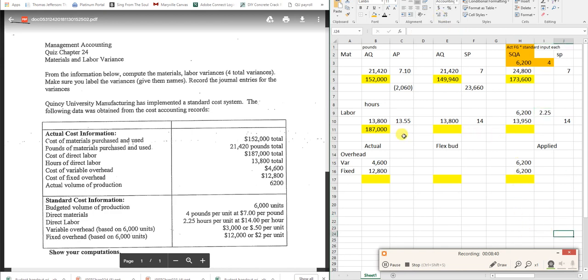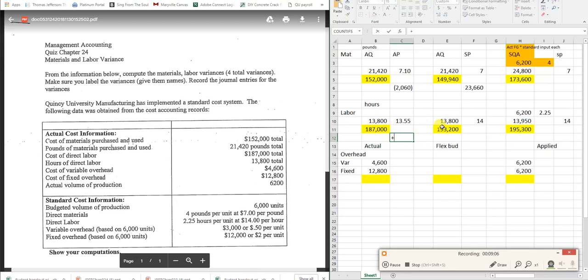All right, so now I can figure out my variances here and my total. So 13,800 hours times the standard rate per hour of $14 an hour is 193,200. My hours that I should have used to make 6,200 at $14 an hour is 195,300. So now I can figure out my variances.